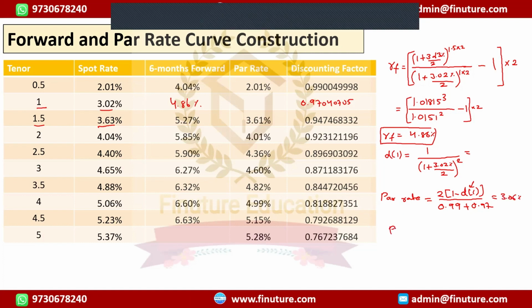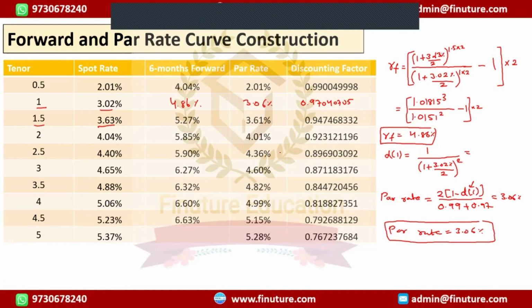So the par rate is 3.06%. In this way, the entire table has been filled. For your comfort, you can try attempting something from any of the rows that you see over here. But the logic behind building the entire table is this.